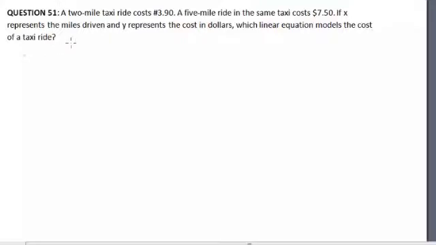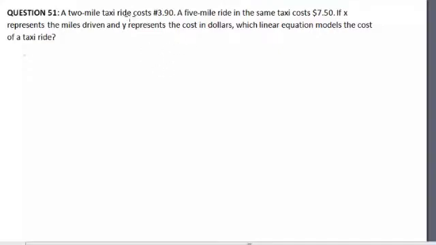a taxi ride? Now, while this question is a little bit evil just because you are given this cost that's in decimal form, and then the answers in your test book are all in fractions, they actually give you a few nice things here that makes solving the problem a lot easier.